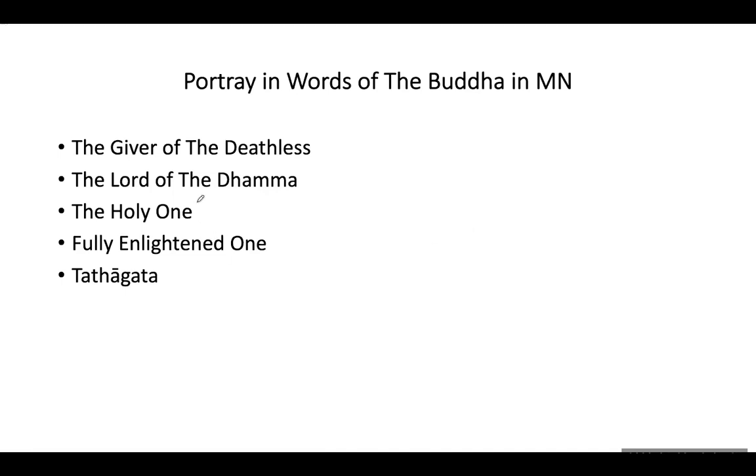That's why there are many more words and phrases to describe the Buddha. And the last one, Tathagata. Tathagata appears in several sutras in the Majjhima Nikaya.